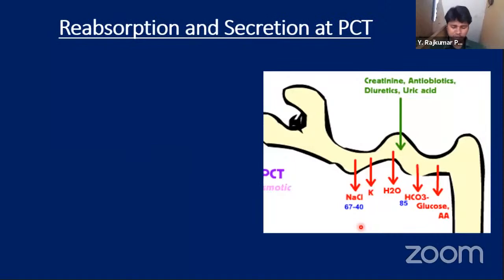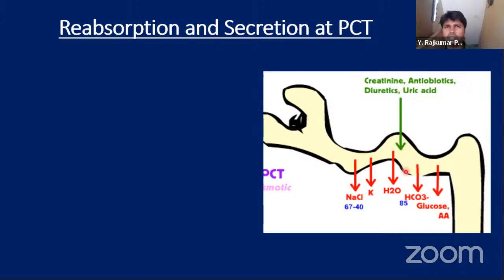Let's see reabsorption and secretion in the PCT. What are the things reabsorbed and what are the things which are secreted? Here in the green color, you can see the secreted substances. Creatinine, antibiotics, diuretics, and uric acid are secreted into the renal tubule.